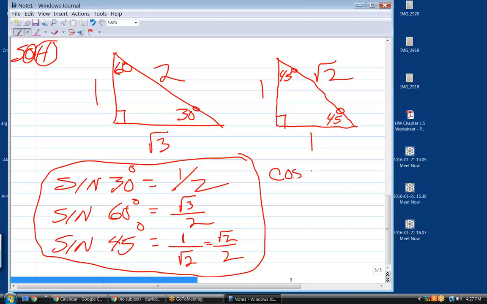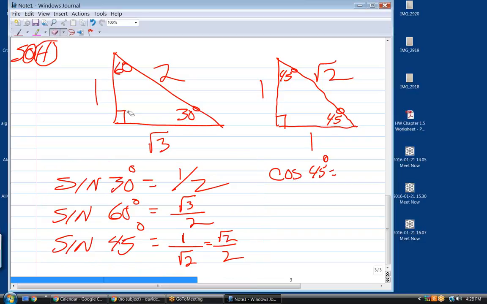What's the cosine of 45? Just read the picture. So that's 1 over square root 2 again. Correct.